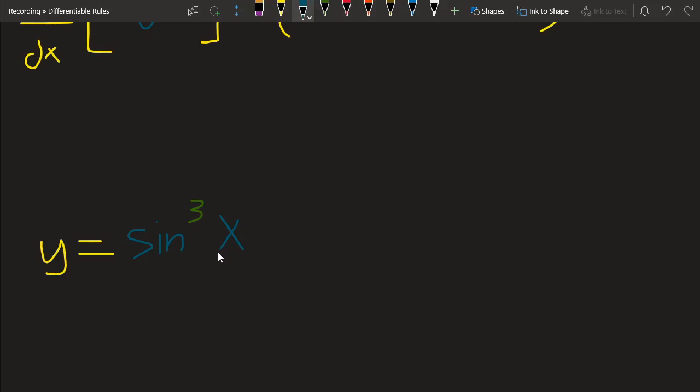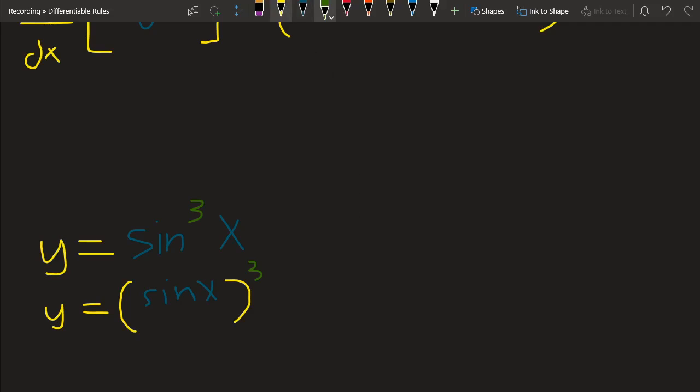In order to solve this problem, we could first rewrite it. This is the same thing as sine x to the power of 3.